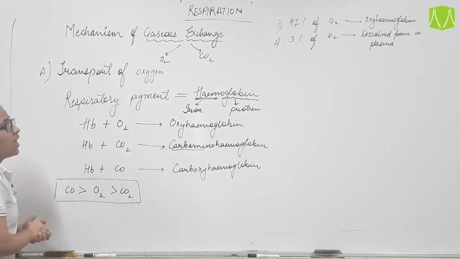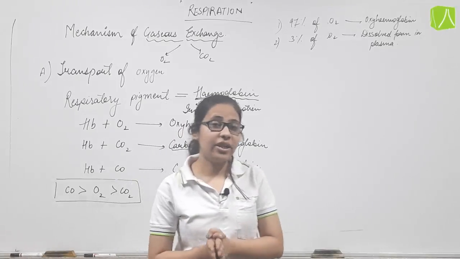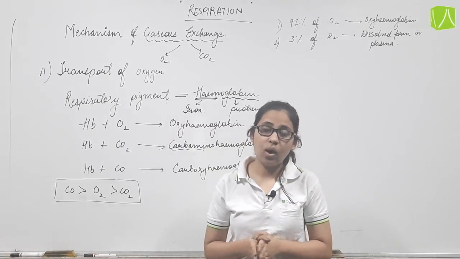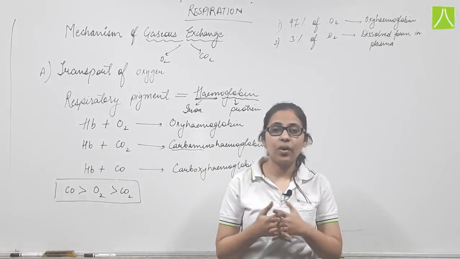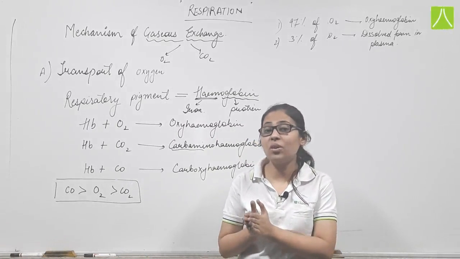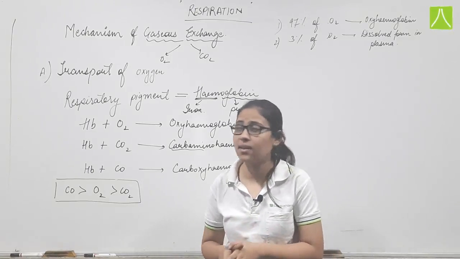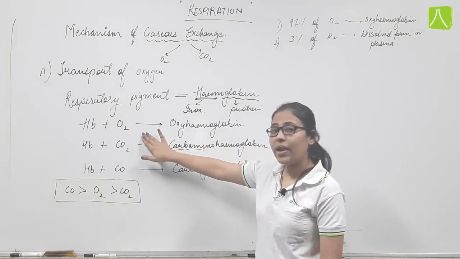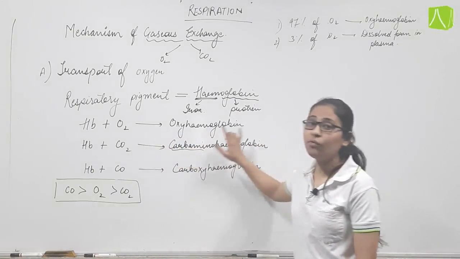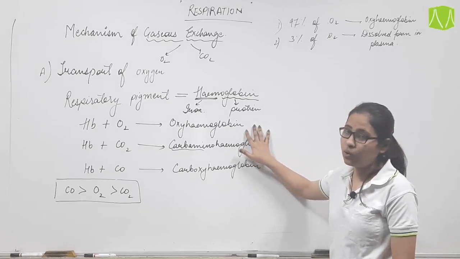Now we will see how this respiratory pigment shows affinity with different gases, that is, what percentage of affinity is shown by hemoglobin to different gases. When hemoglobin binds with oxygen, it forms the structure called oxyhemoglobin.